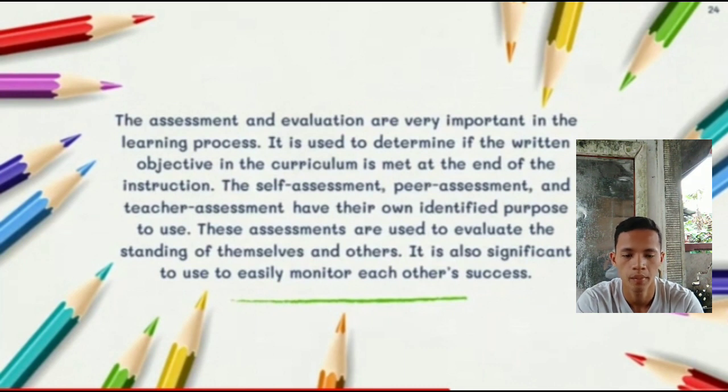Self-assessment, peer assessment, and teacher assessment have their own identified purpose to use. These assessments are used to evaluate the standing of themselves and others. It is also significant to use to easily monitor each other's success.